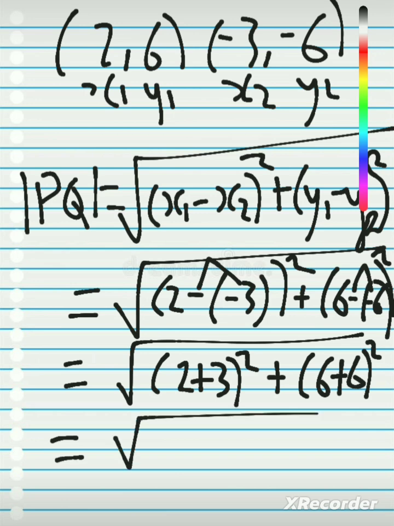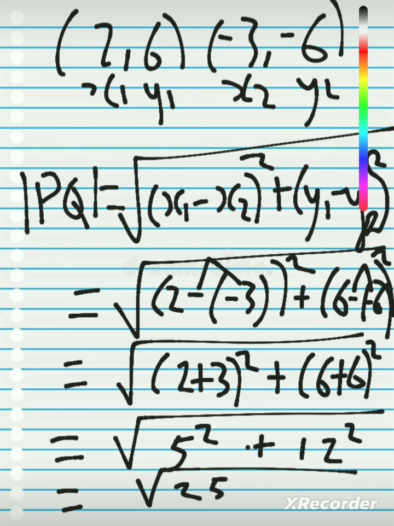So it's the square root of 5 power 2 plus 12 power 2. 5 squared is 25, 12 squared is 144. 25 plus 144 is 169. What's the square root of 169? It's 13. So it's 13 units. You have to add the word units. I've run out of space, that's why I haven't added it.